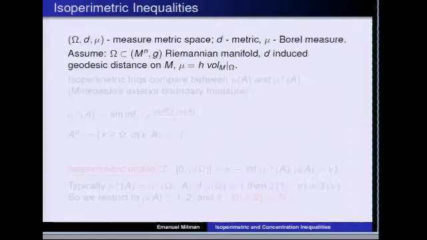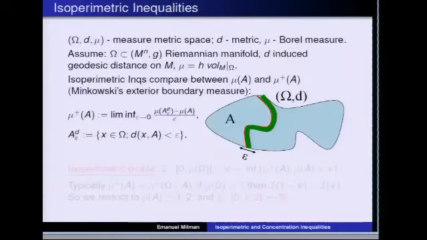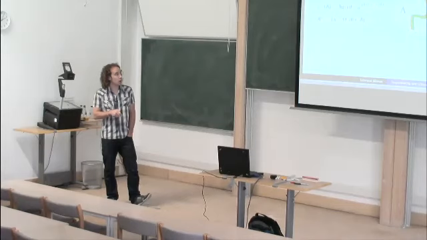Isoperimetric inequalities compare the measure μ of some Borel set A with some notion which tries to capture the boundary measure of the set with respect to our measure μ and the metric d. The notion we're going to use here is the so-called Minkowski exterior boundary measure, which we denote by μ⁺(A).